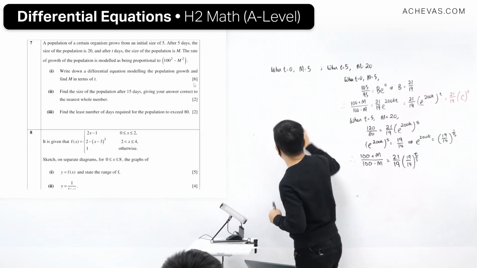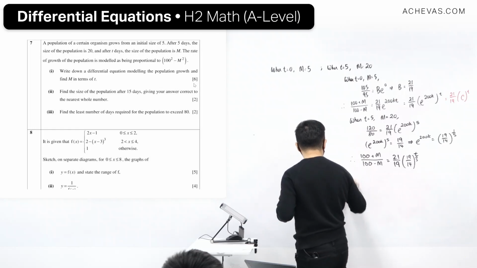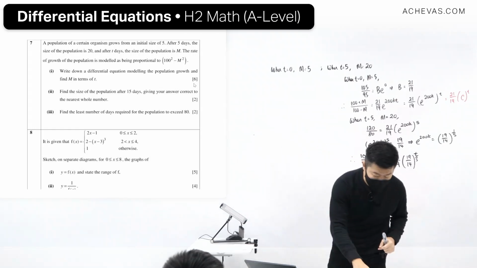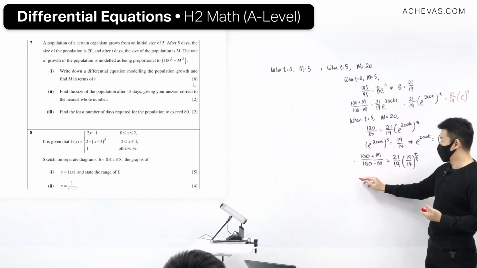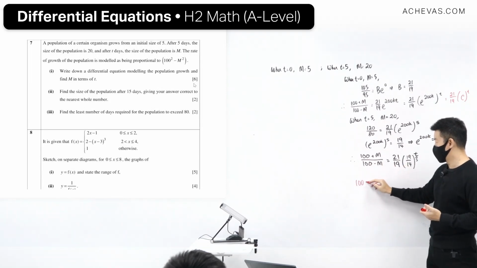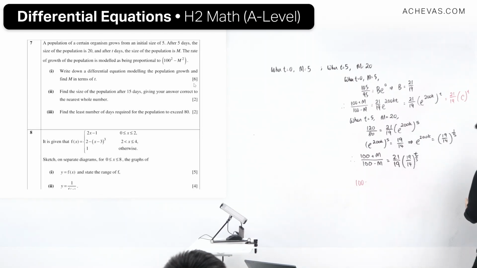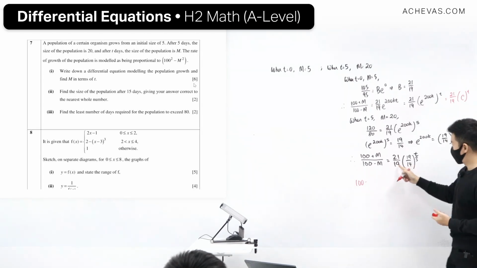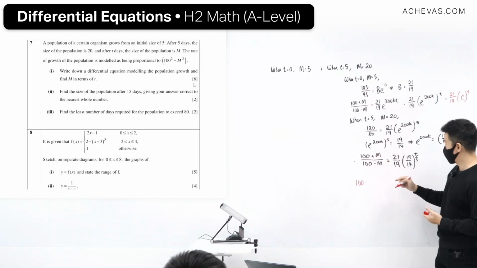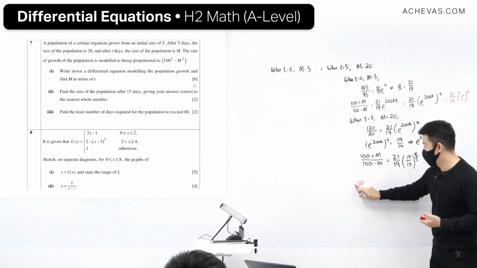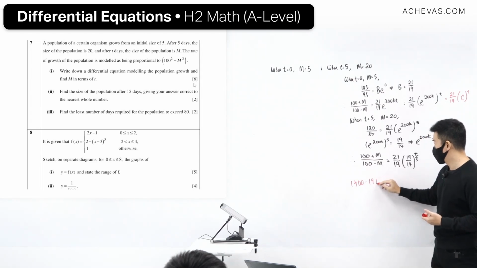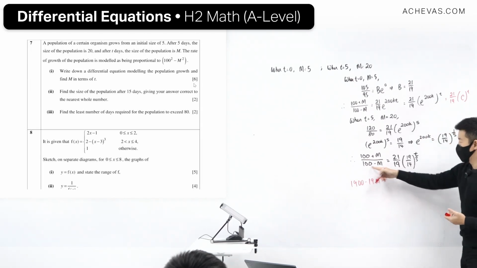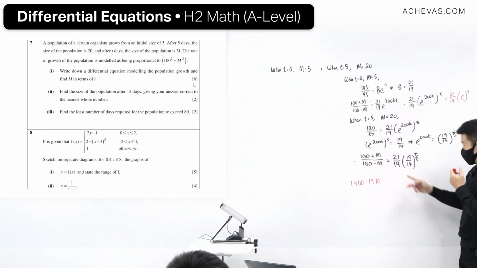We have m here, and to make m the subject, this part is actually easy. We can definitely do a bit of cross multiplication, this times this. I'll times the 19 across to the other side. So I'll have 1900 plus 19m equal to this multiplied across with the 21.